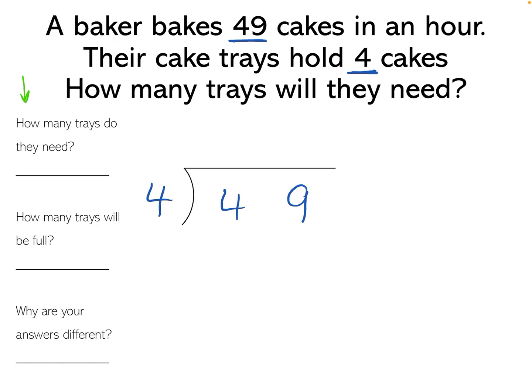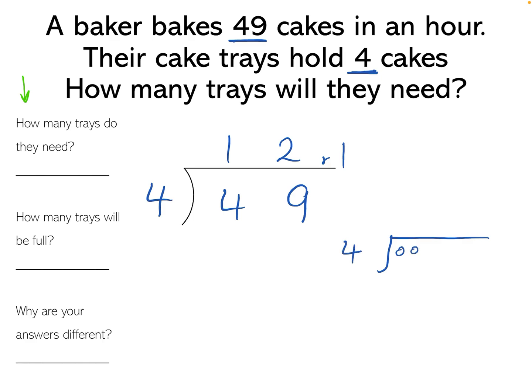So we've got our divisor, our dividend. Dividend goes inside, divisor goes outside. So how many 4s go into 4? 1. How many 4s go into 9? 4, 8. I've got 1 left over. So that's 2, 4, 8, remainder 1.